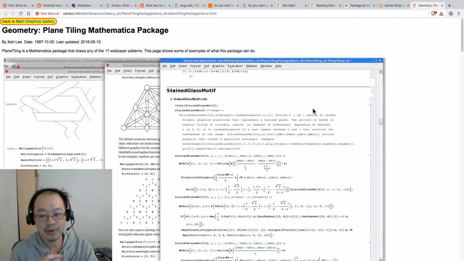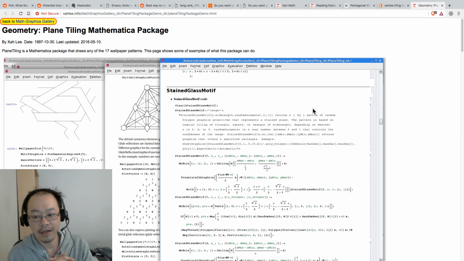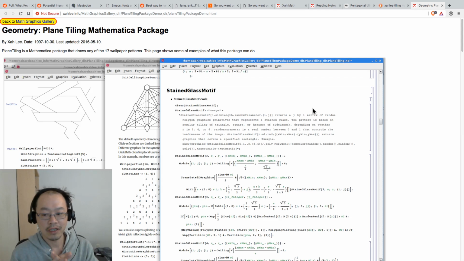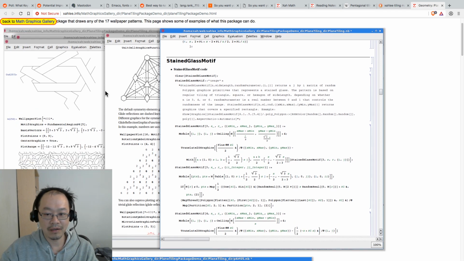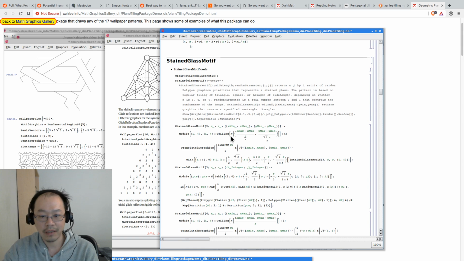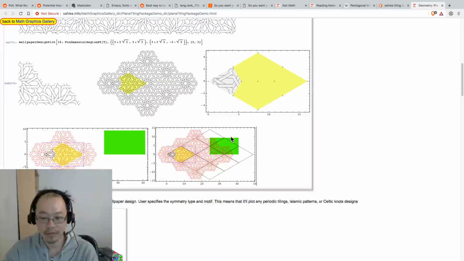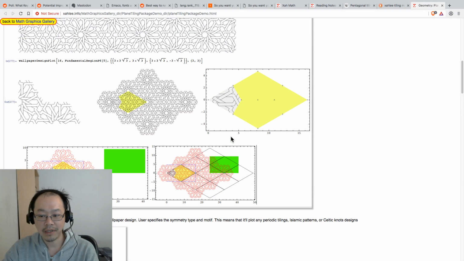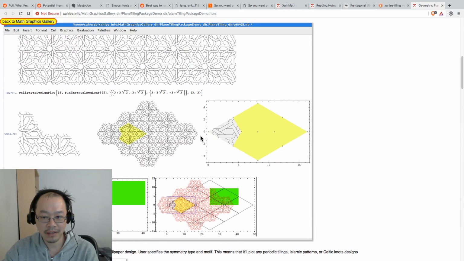I wrote this program in the Mathematica language that creates this graph and draws these tiling patterns. These are Mathematica notebooks, and they are like 20 years old. I wrote them 20 years ago. So for example, what does this show?